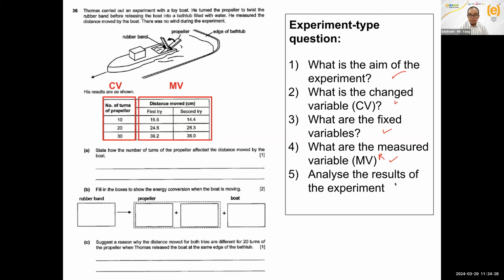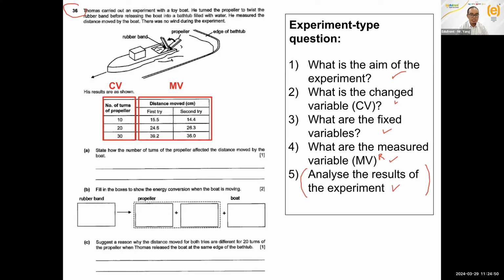And the next thing, you need to be able to analyze the results of the experiment. So these are the processes you go through in your mind when you see any experiment type question. Now, this is an experiment type question on the topic of energy conversion, right?